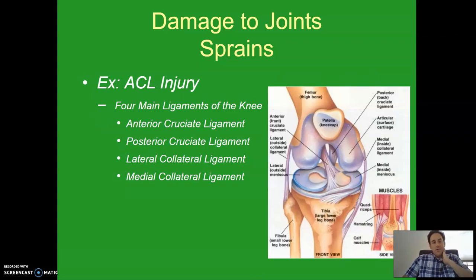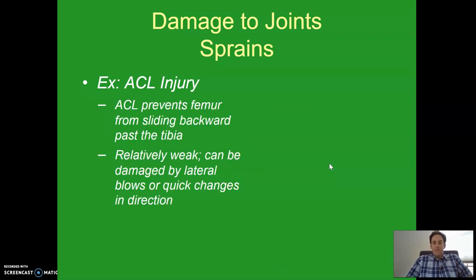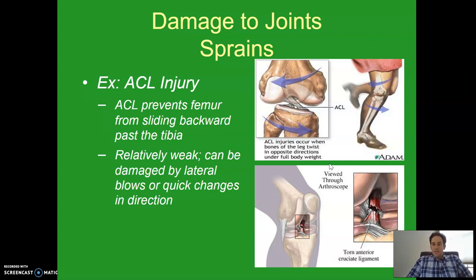The ACL injury is kind of a common sprain. The ACL stands for anterior cruciate ligament, which is this one right here. It connects to the front of the tibia and then the back of the fibula. Cruciate, by the way, means cross because it kind of makes an X. And so the reason that the ACL is so frequently injured is it's relatively weak. Its job is to kind of prevent the knee from sliding forward.